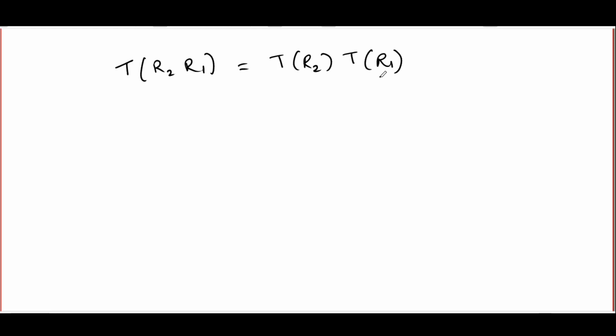While this is a very, very simple demand, it actually has far-reaching consequences. In fact, we just saw a while ago that if we demand that this T of R is just a single number, then the only possible way that this can be consistent with the property of rotations is that this has to be 1.